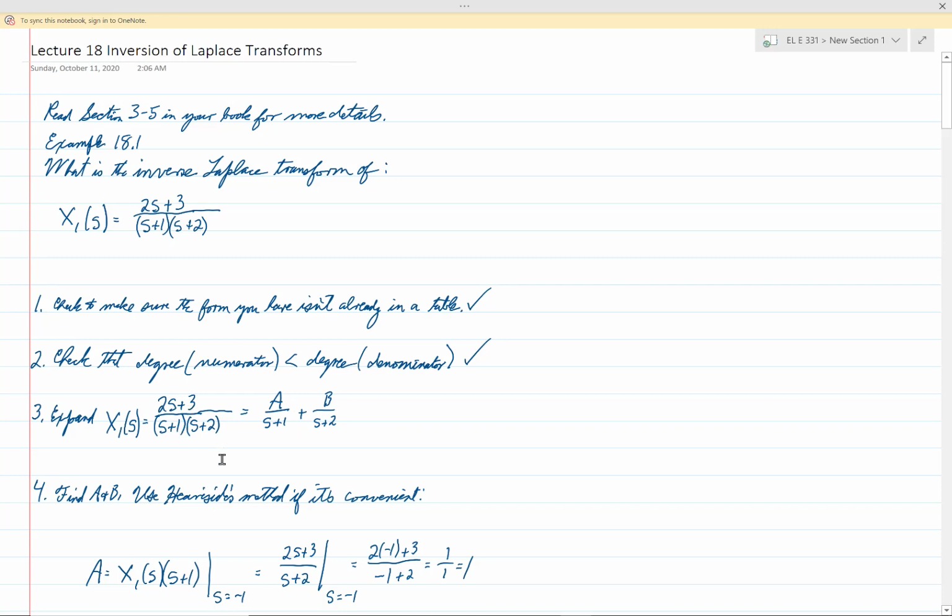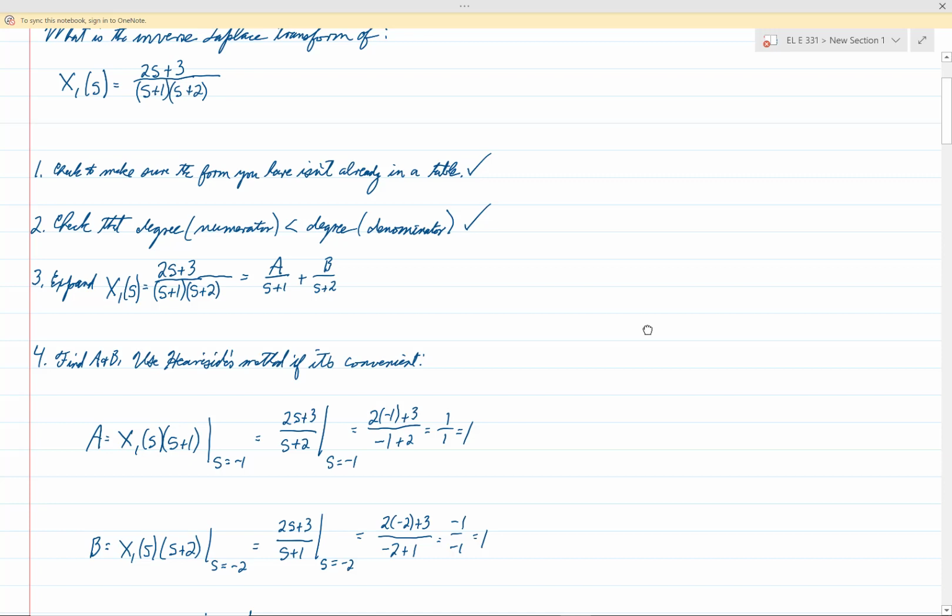You can see that this A over s plus 1 resembles one of the entries in your table, as does B over s plus 2. Of course, we're trying this because we have this s plus 1 and s plus 2 in the denominator here, so that leads us to believe that perhaps we could expand this fraction in terms of these two partial fractions. So again, this is the partial fraction expansion.